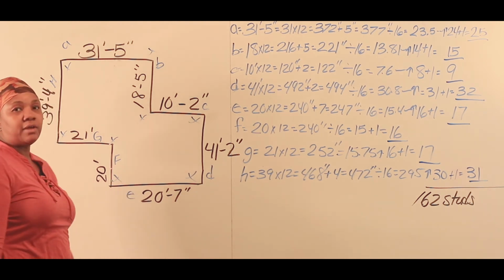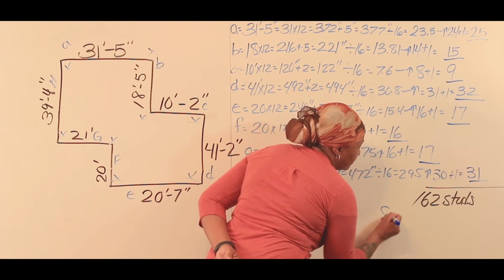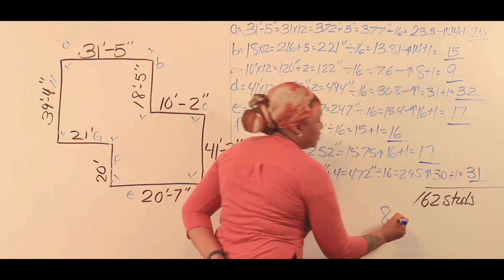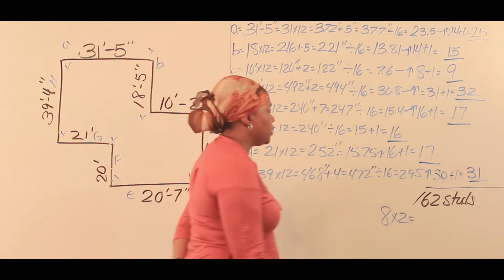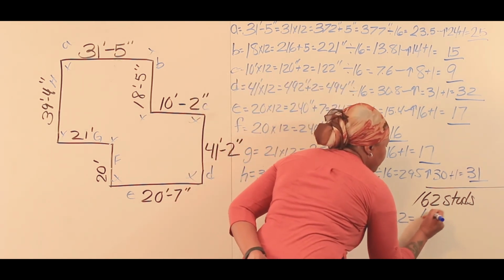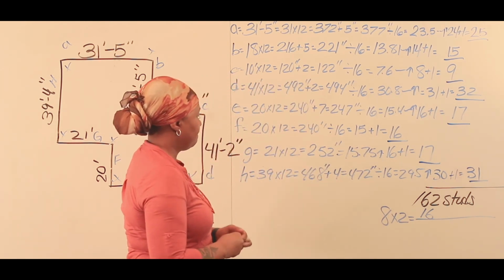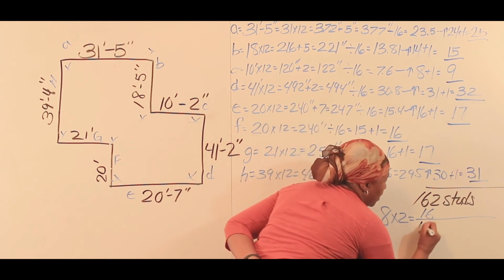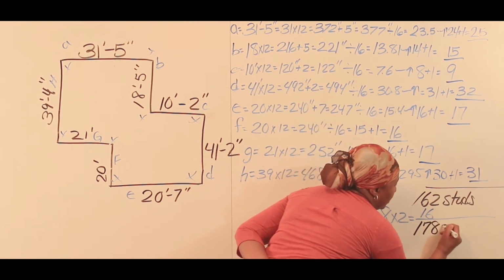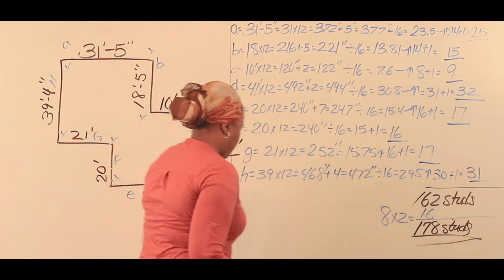And what do we do with that 8? Times 2. So we need how many studs for the corners? 16 for the corners. So we would need a total of 178 studs for that entire room.